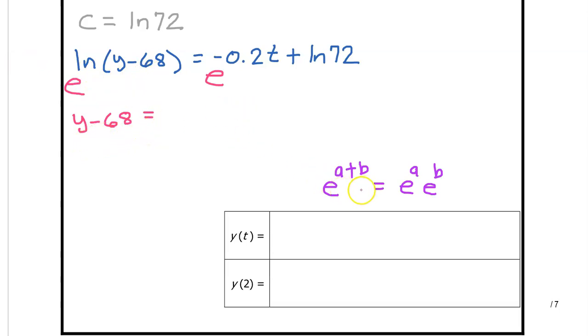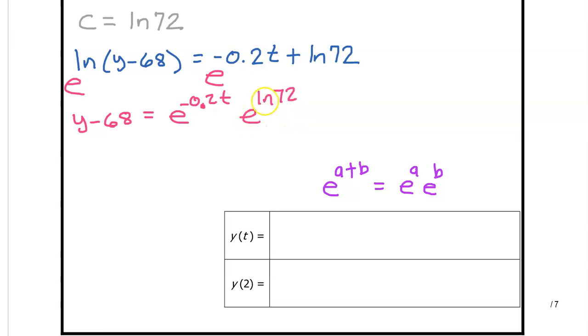On the right side, I'm going to use this property of exponents that e to the a plus b can be rewritten as e to the a times e to the b. So that will give me e to the negative 0.2t times e to the natural log 72.